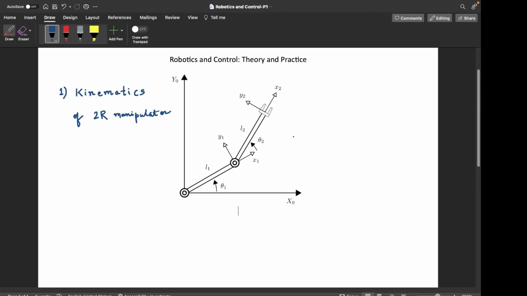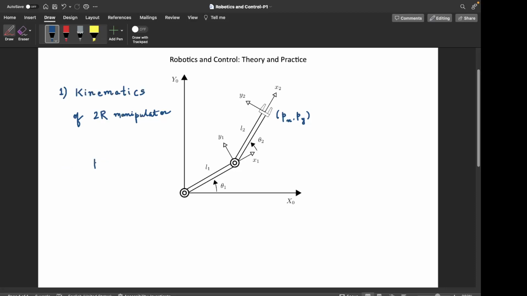So basically we want a relation between the joint angles and the position of the end effector. So let's denote the position of the end effector as px and py, right? Quickly, I would just write what I just said about forward and inverse kinematics.